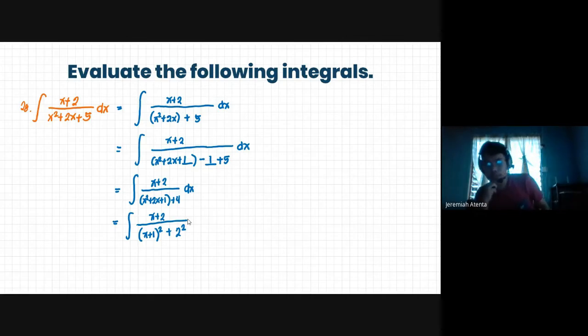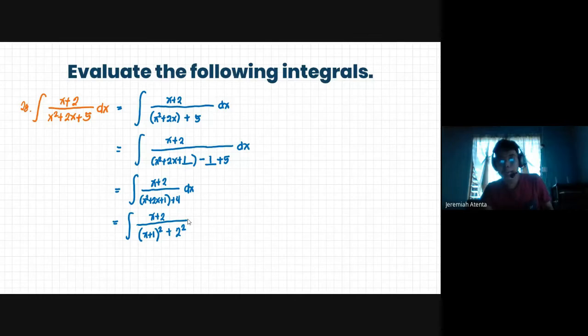Now, what should be our u? What should be our u, guys?